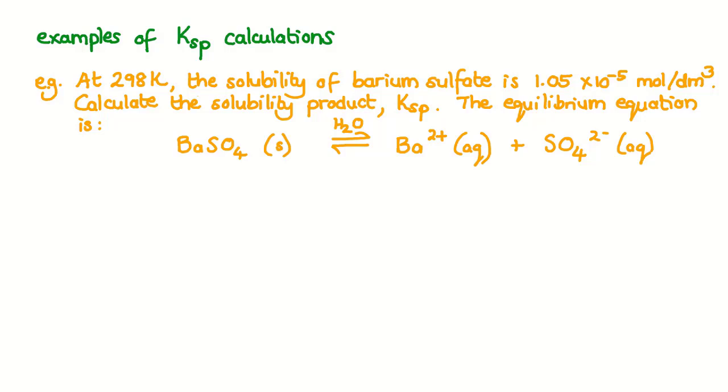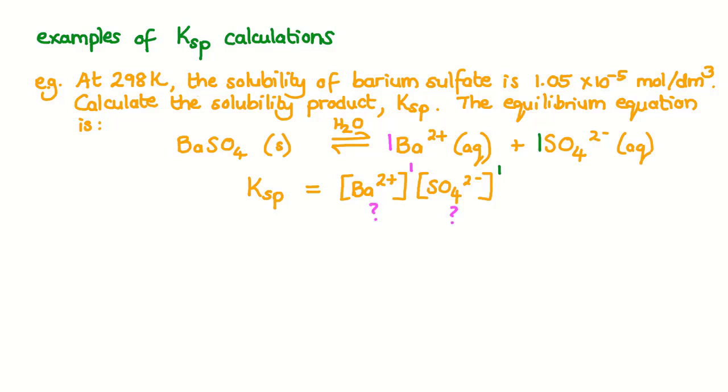The equilibrium equation is BaSO4 solid dissolved in water to give Ba2+ aqueous plus SO4 2- aqueous. The equation is balanced. KSP is equal to the concentration of the aqueous products multiplied by each other. Notice that the barium ion is raised to a power of 1 because its coefficient is 1, and the sulfate ion is also raised to a power of 1.